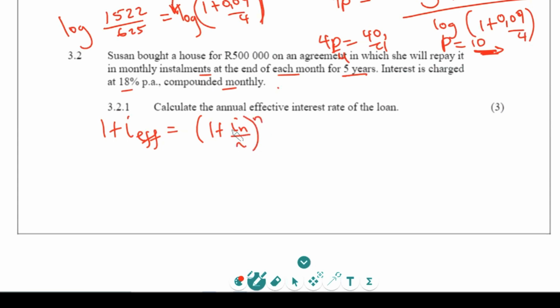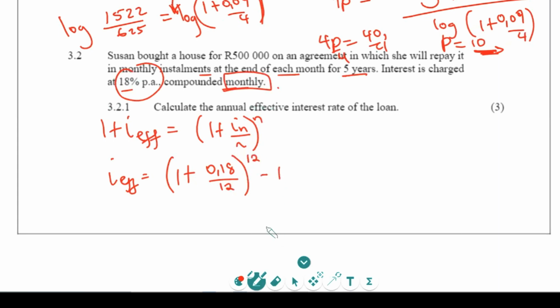Then since we're looking for the effective rate, we'll transpose this as I do the substitutions. So that's 1 plus this 18% nominal rate, so it's 0.18. We are compounding monthly, so we divide that by 12. This n will be 12, and then I subtract 1.